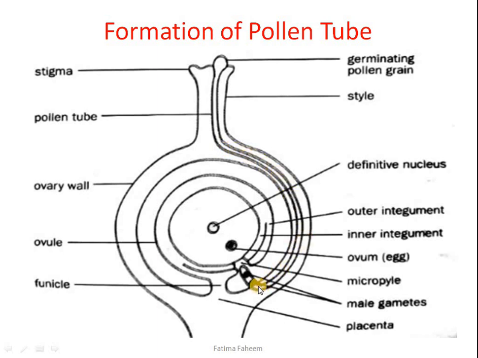Here you can see that the pollen tube is entering into the embryo sac through a hole which is called the micropyle. You can see that the ovule is surrounded by a number of layers of cells. This cell layer is called the integument.